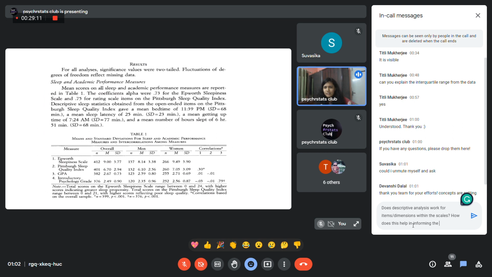I'm not sure if the value is right. Munna, can you just look it up if it's 68? So that amount of your data would lie between that value minus 3.77 and plus 3.77.